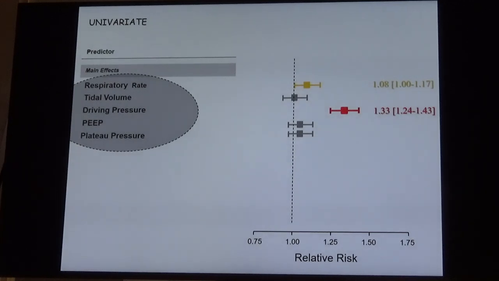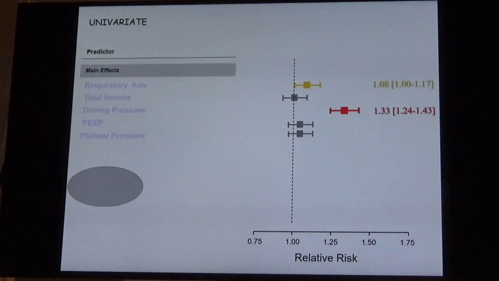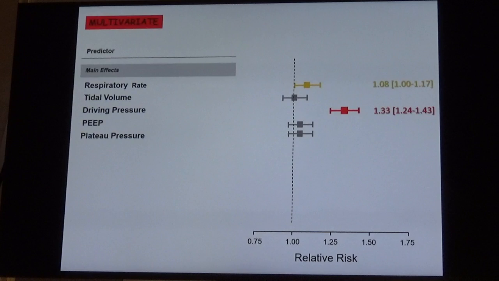Let's summarize all these parameters into the power concept. So we calculated according to the formula, and let's check the association of power with outcome. Okay, there is some correlation, much weaker than driving pressure, but this is univariate analysis. Let's do multivariate analysis.